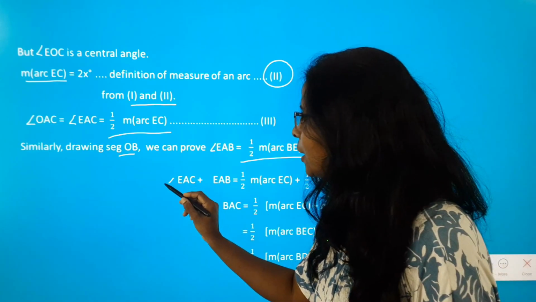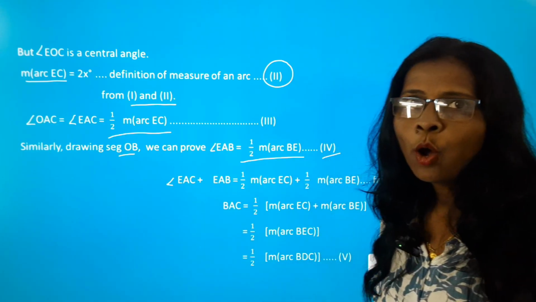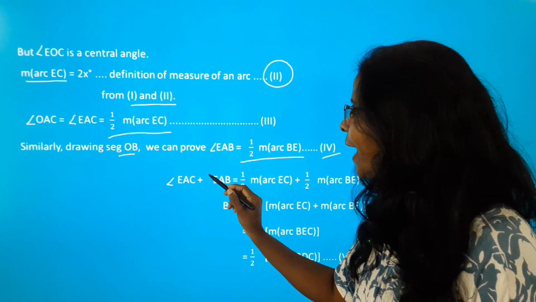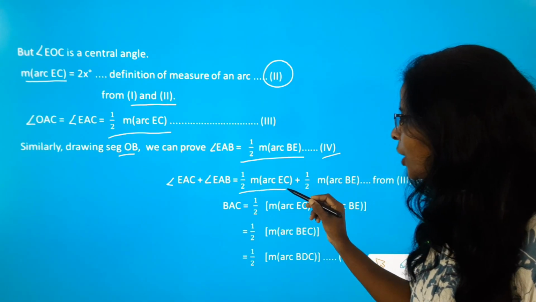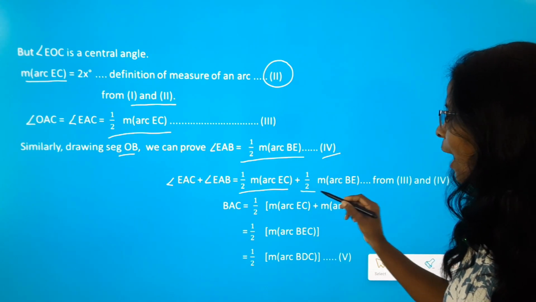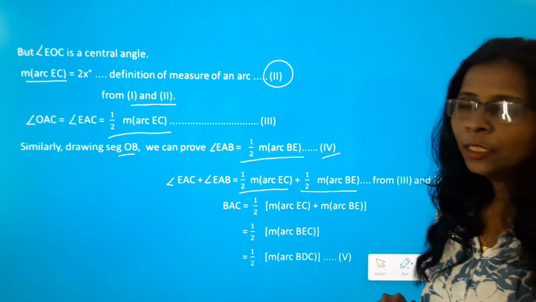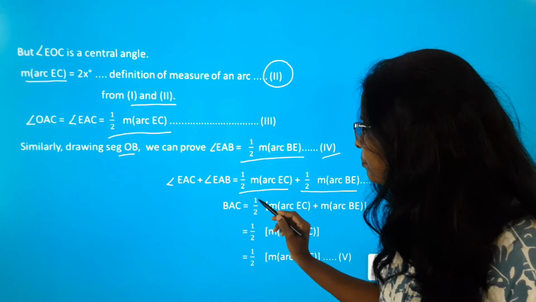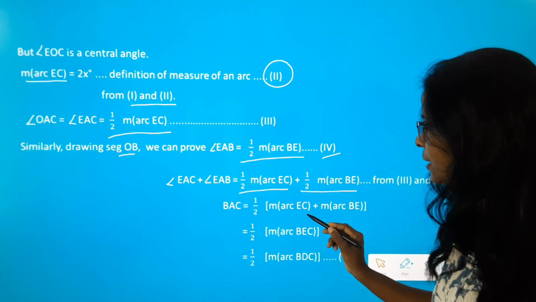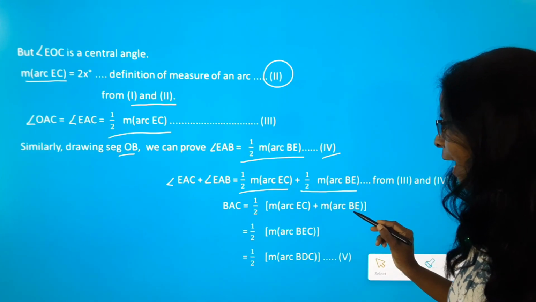So now here the sum of the angle EAC and angle EAB gives half of major arc AC plus half of major arc BE. Okay, so taking the common half, that is half of major arc AC plus major arc BE.